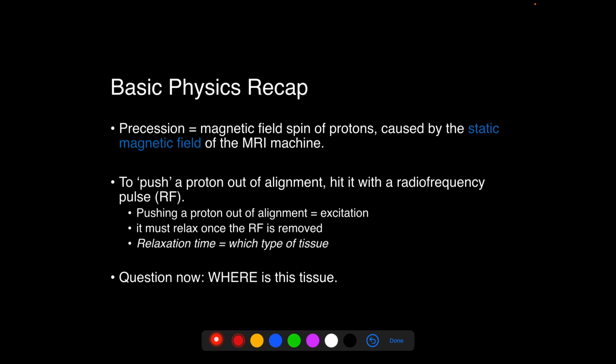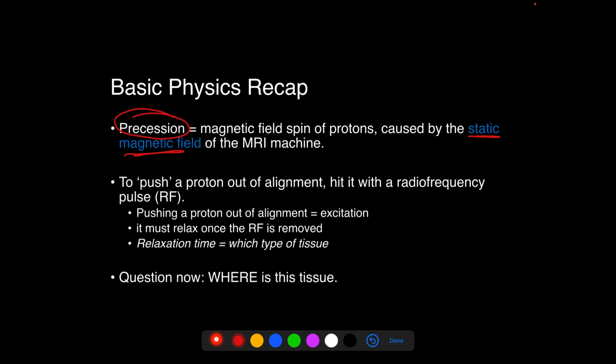Okay, so let's quickly recap the basic physics that we discussed last time. Inside the body, protons behave like little magnets. When we put a patient in the MRI scanner, the big main magnet, or the static magnetic field, makes these protons precess. That just means that they spin around in a particular way because of that magnetic field.